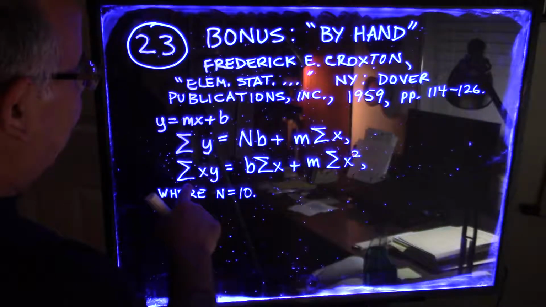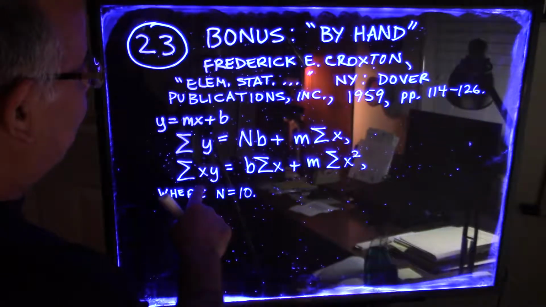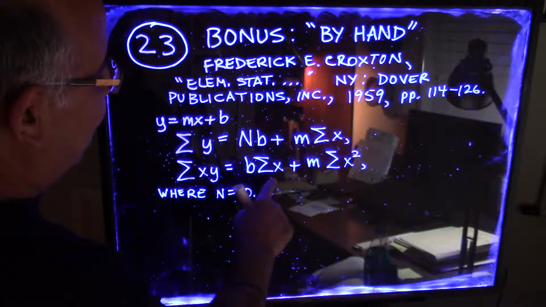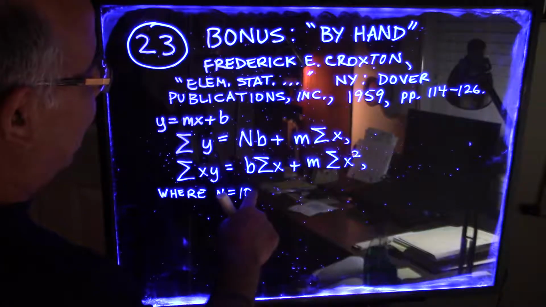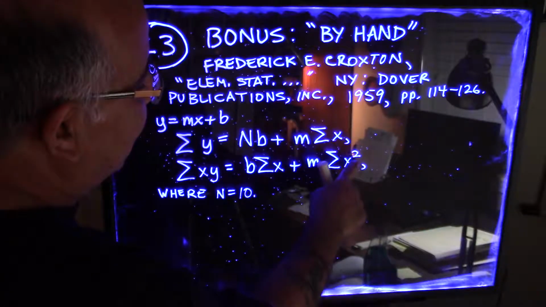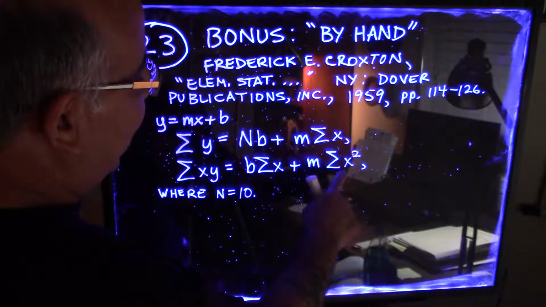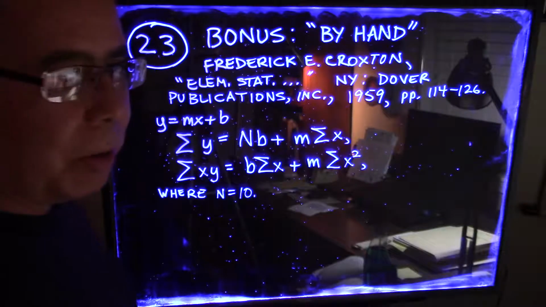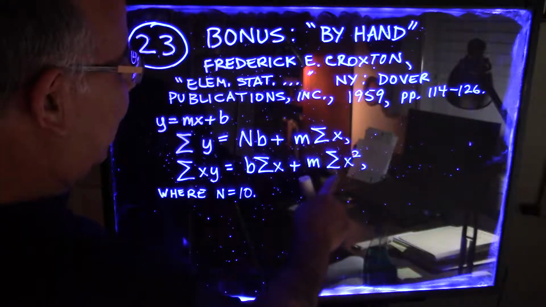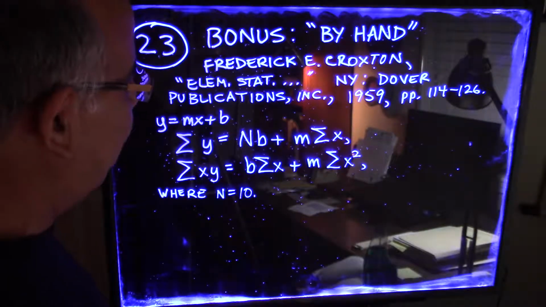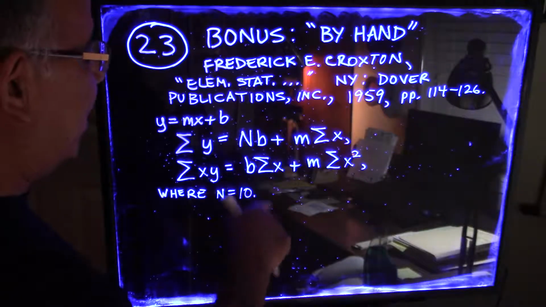And then you would write the sum of x, y values here, which we added up, equals b times the sum of the x values. So you write the sum of the x values next to the b, plus m times the sum of the x squared values, all right, which we added up as well. You squared the x's and then you added all those values up, and that's what you would write there. So what you end up with is a system of two equations in two unknowns, m and b.